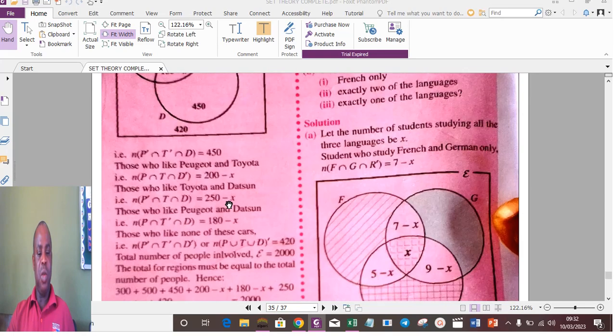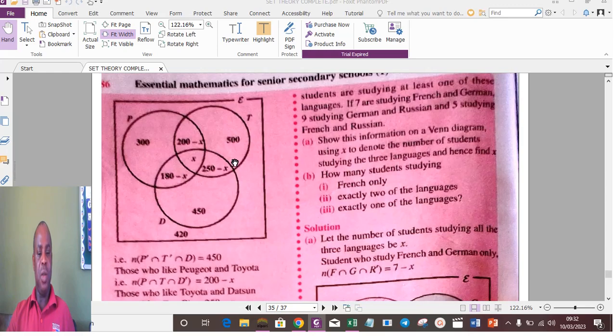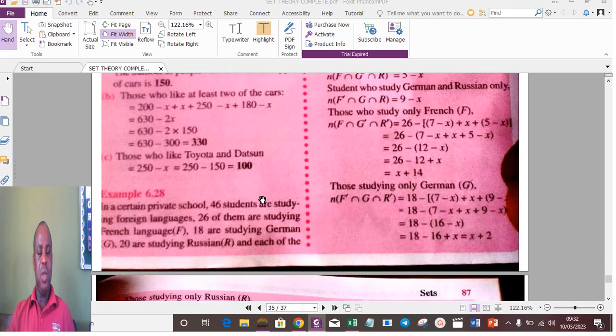That is it, 250 minus S. Toyota and Dasun, that will be 100. This region, 250 minus S. Our S is 150. That is 100. Okay.